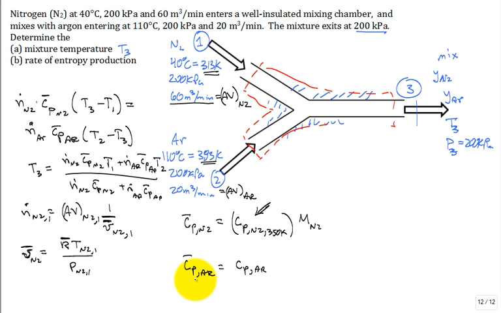And then, so what you do is you take a look in the textbook. I think it's table A21. Table A21. So this information for the nitrogen came out of table A20. C sub P bar for the argon comes out of table A21 in this textbook.